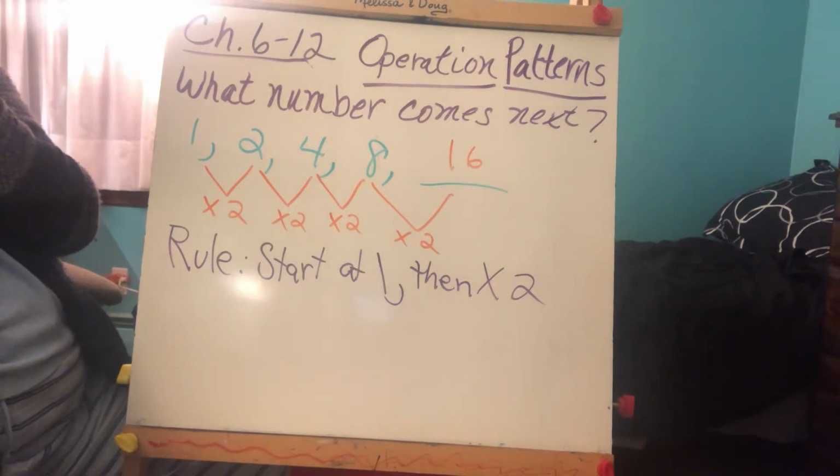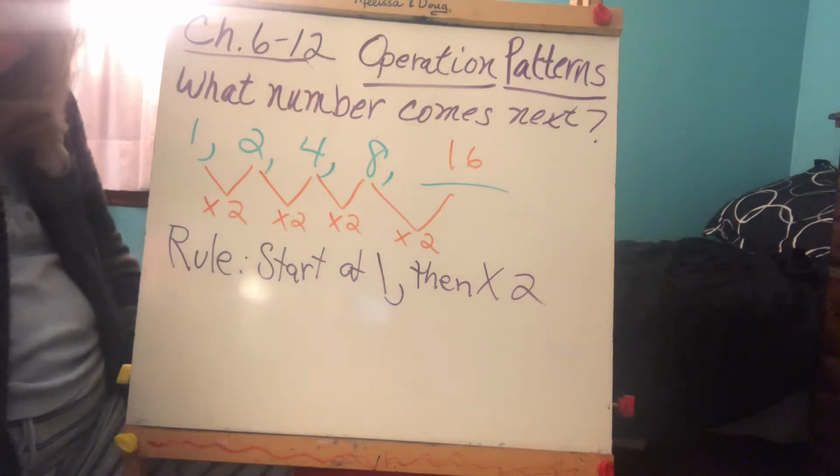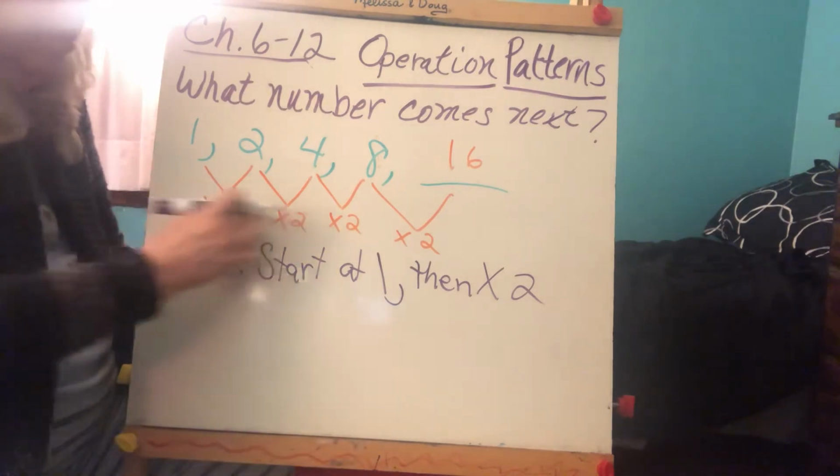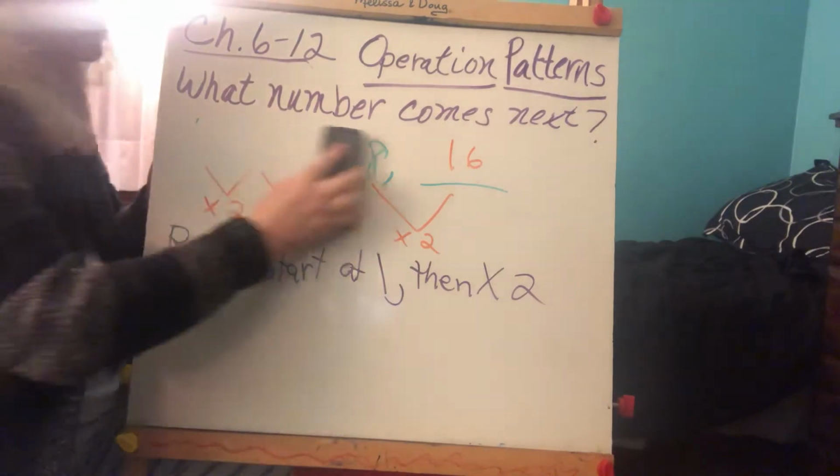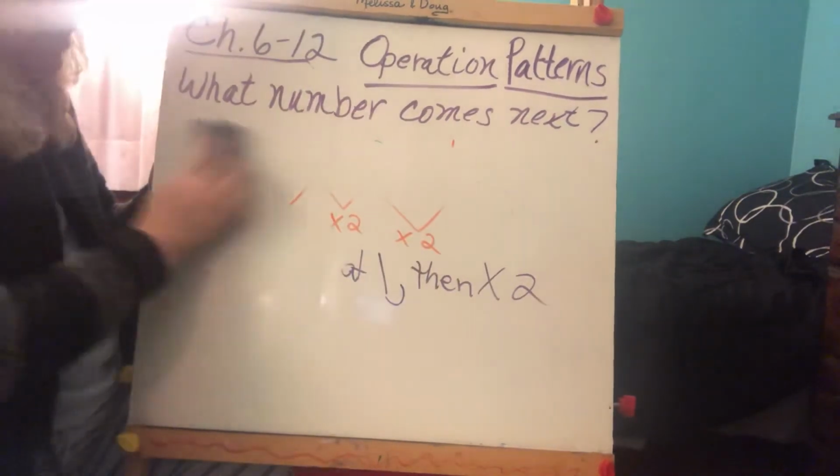Now, so far, the first 2 examples that we did, there was only one operation in the pattern. But sometimes there's going to be more than one operation in a pattern.